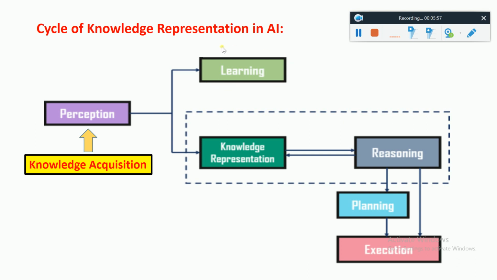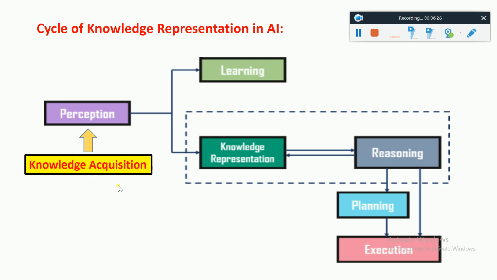The second component is the learning component. This learning component learns from the data which is captured by the perception component. The learning component focuses on the process of self-improvement. And obviously, in order to learn new things, the system requires knowledge acquisition.